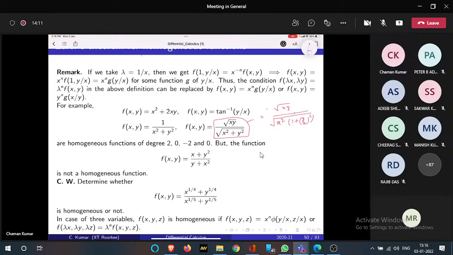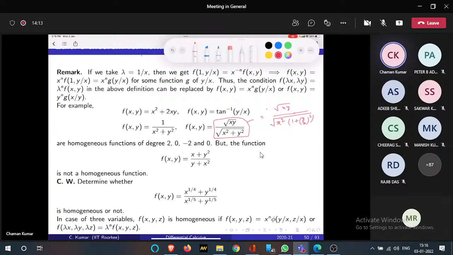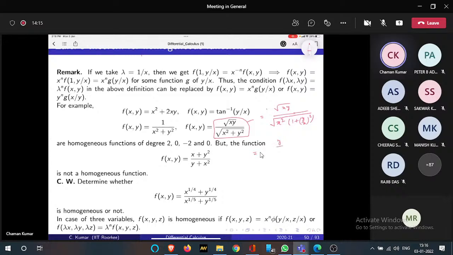From here we can write this as root under y by x into 1 by root under 1 plus y by x whole square.